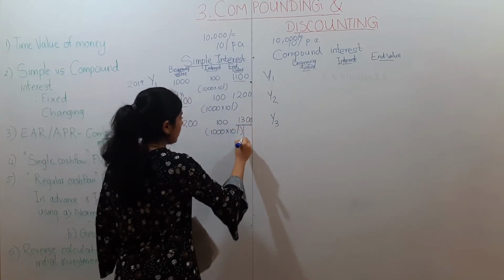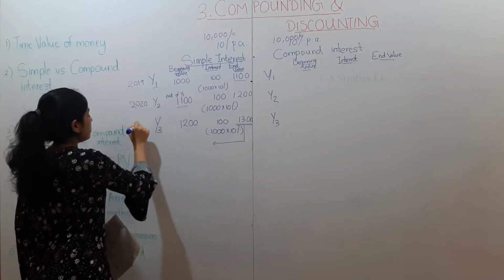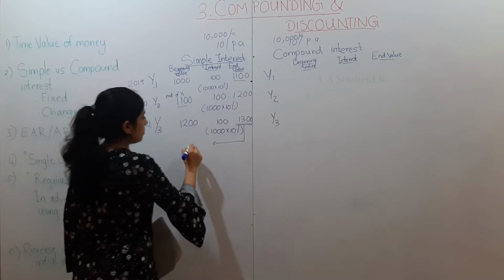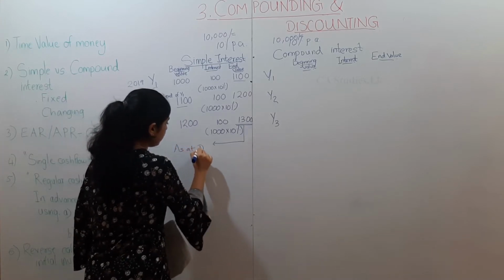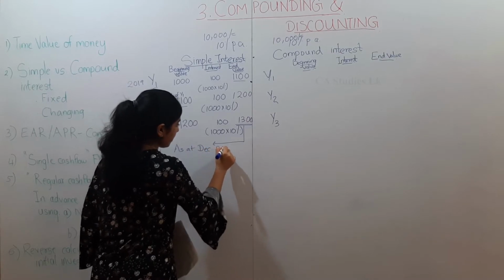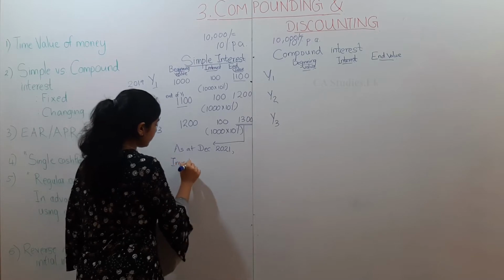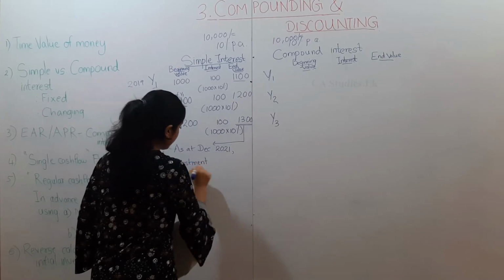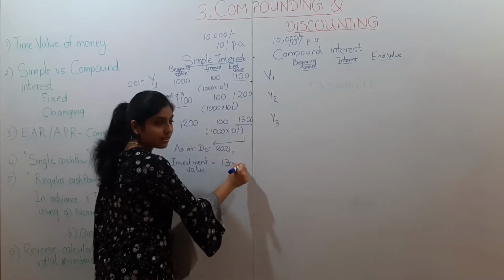So now let's say this is, we'll give them genuine years, 2021. So as at December 2021, your investment value will be 1300.